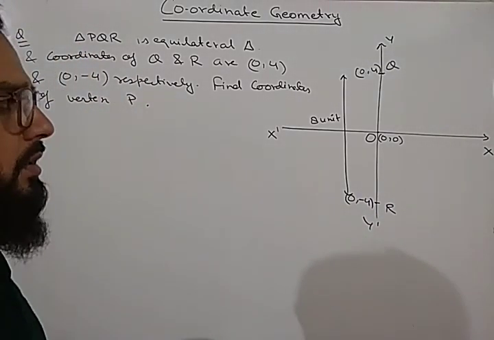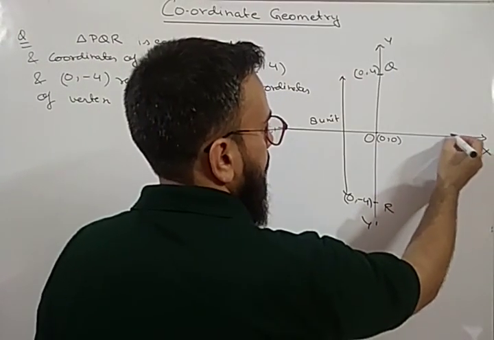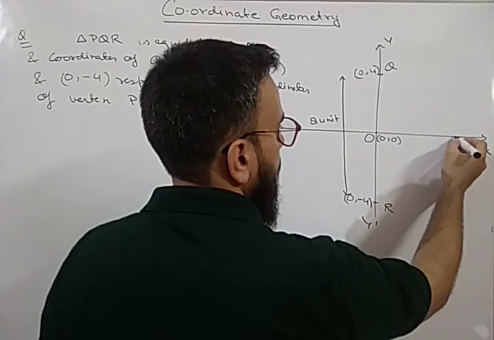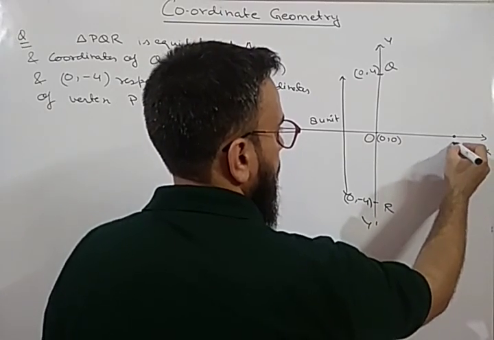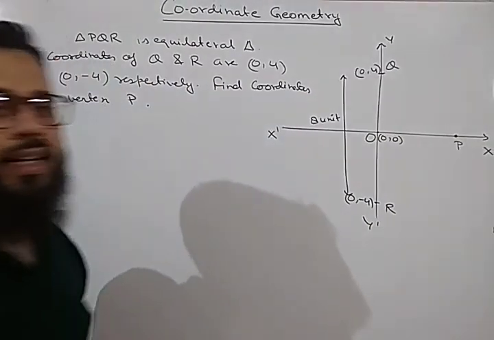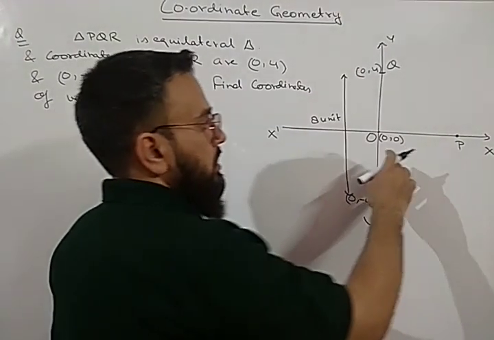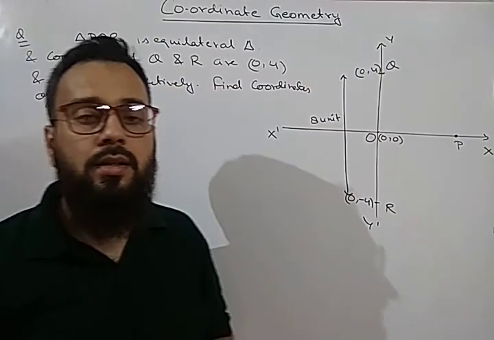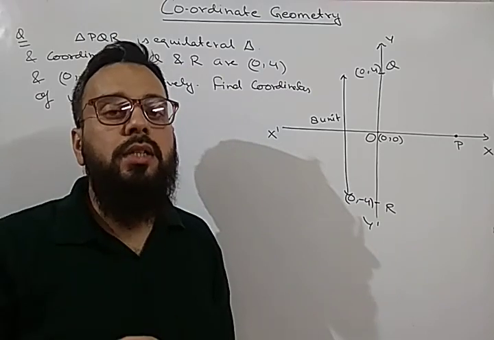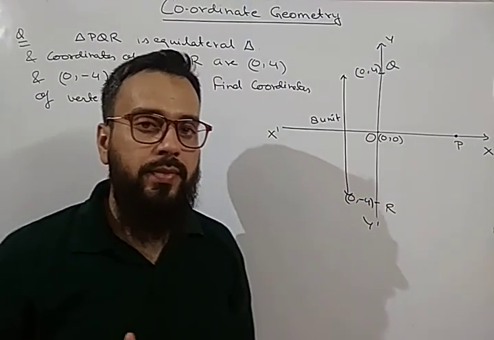So let us consider that the point P is lying on the x-axis. Suppose this point is P, on the x-axis. Okay, and why will this point P lie on the x-axis? Because I told you earlier about the median and altitudes.